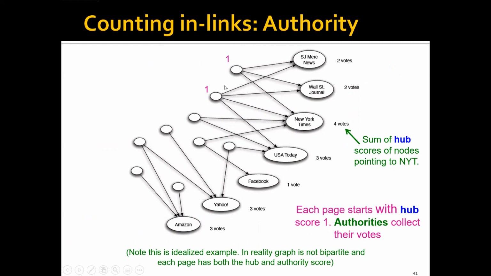We can start this process by computing the authority scores of these authority nodes. For example, the authority score of the New York Times would be the sum of the hub scores of the 4 nodes here, which is 4. Similarly, for this first node, the authority score would be 1 plus 1, which is 2.